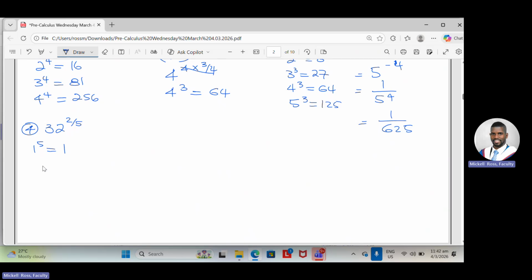That's still going to be 1. 2 to the 5th power, is that equal to 32? Yes. So I see that the number that I'm looking for is 2. So another way of writing 32 to the 2/5 is 2 to the 5th power, to the 2/5. The 5 will cancel with the 5, so you're left with 2 squared, which is going to be equal to 4.